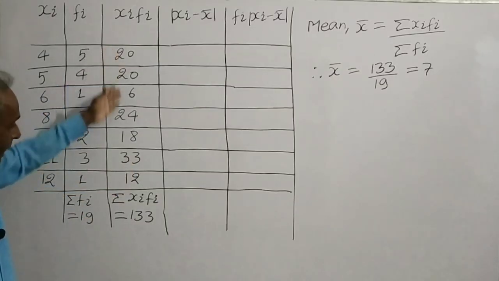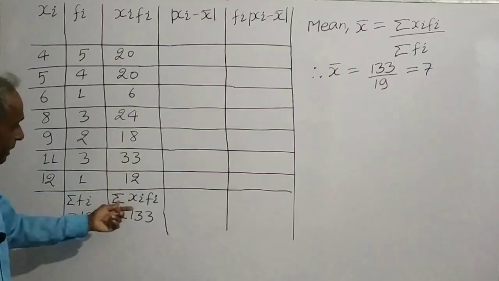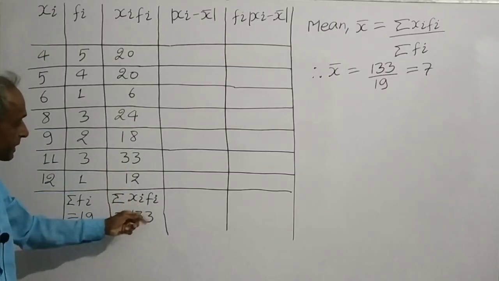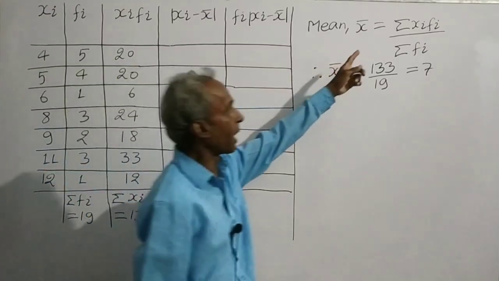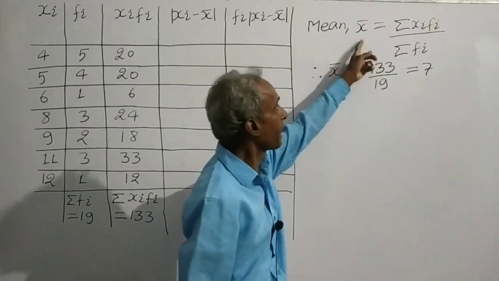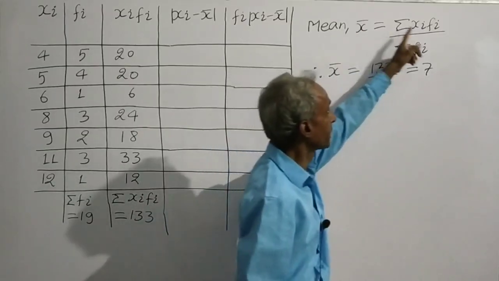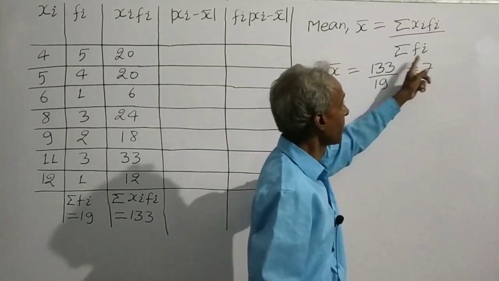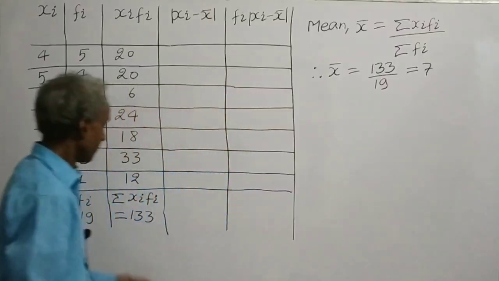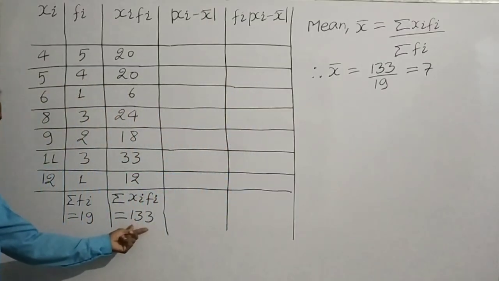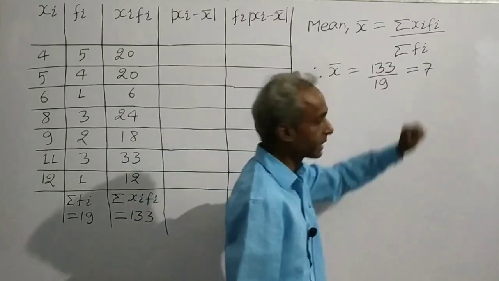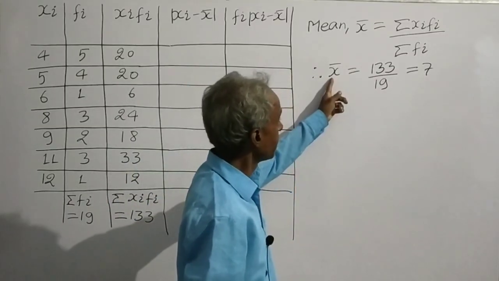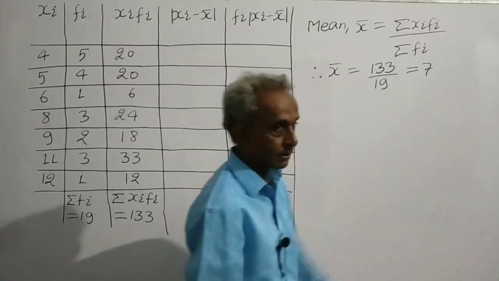Then we add all of these and find sigma xi fi is equal to 133. Now this is the formula: mean, denoted by x bar, is equal to sigma xi fi by sigma fi. That means 133 by 19, which is equal to 7. So the mean is equal to 7.